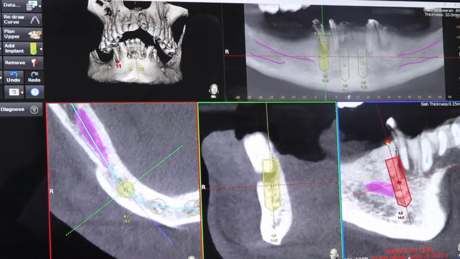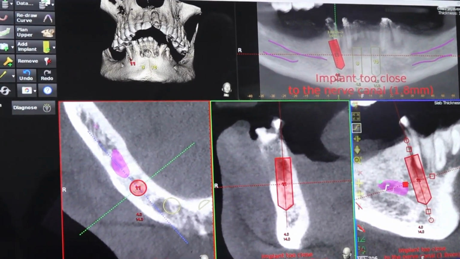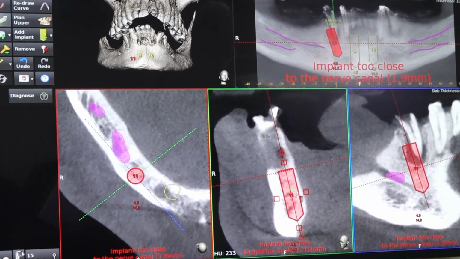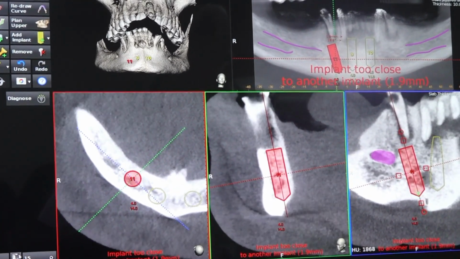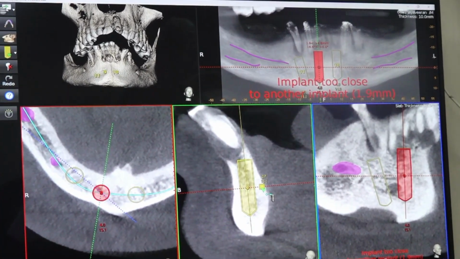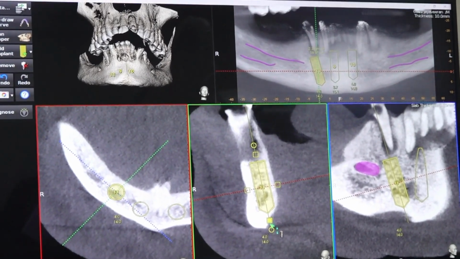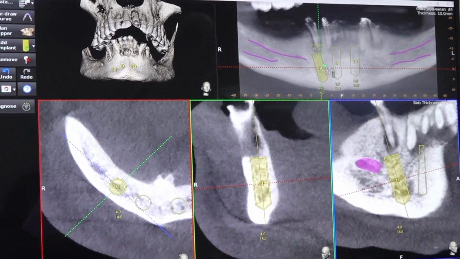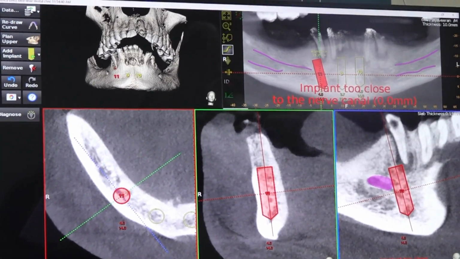If you tilt it slightly distally, you are getting some more arch space and you may reduce the cantilever. Maybe 3.75 into 13. We will remove this.